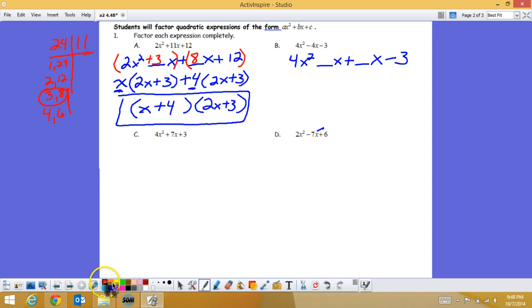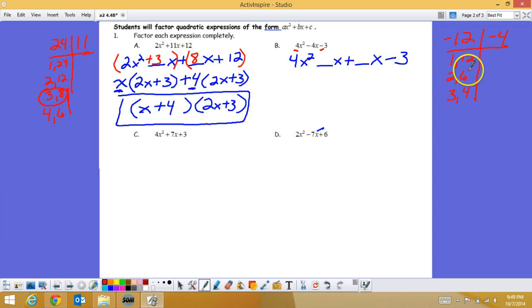And those two numbers that we fill in these blanks with multiply to the same thing as a times c. So it's going to multiply to negative 12. So if I list all the numbers that multiply to negative 12, 1 and 12, 2 and 6, and 3 and 4. And we want them to add up to the middle number, which is negative 4.